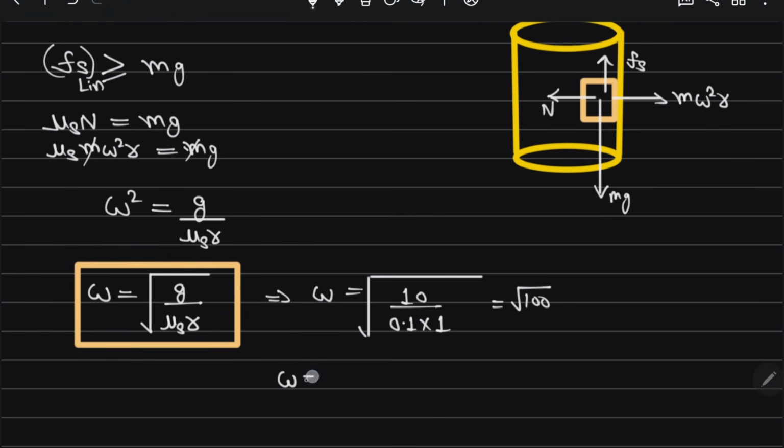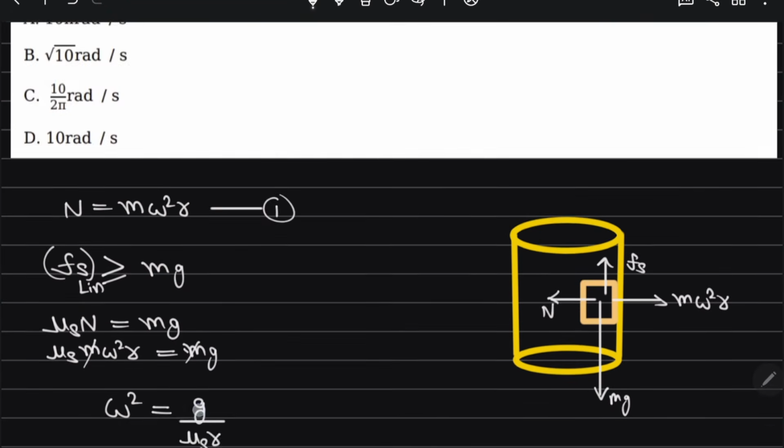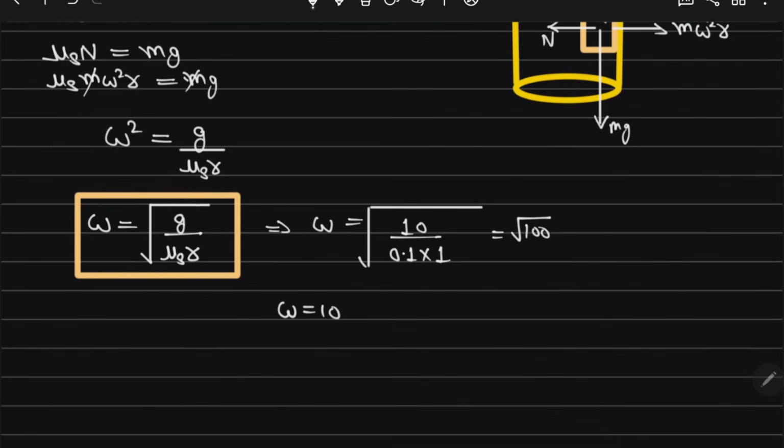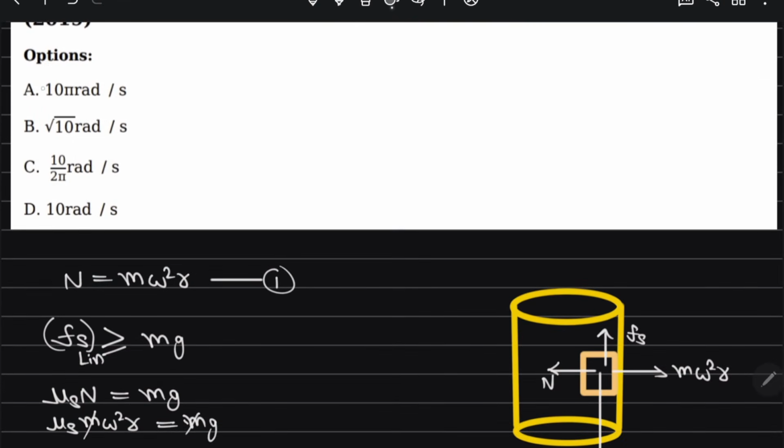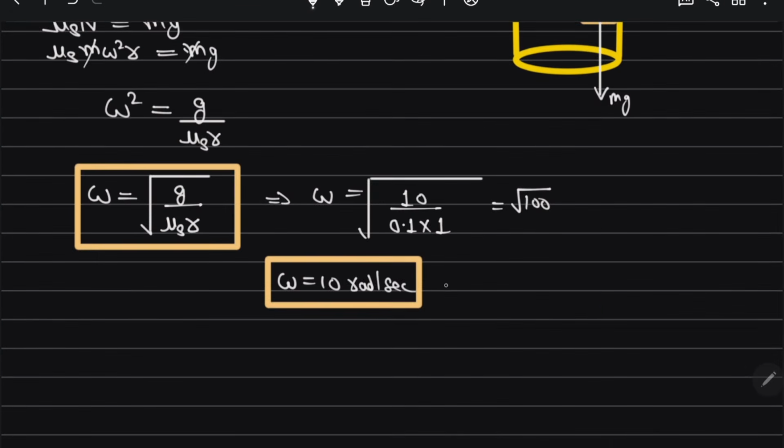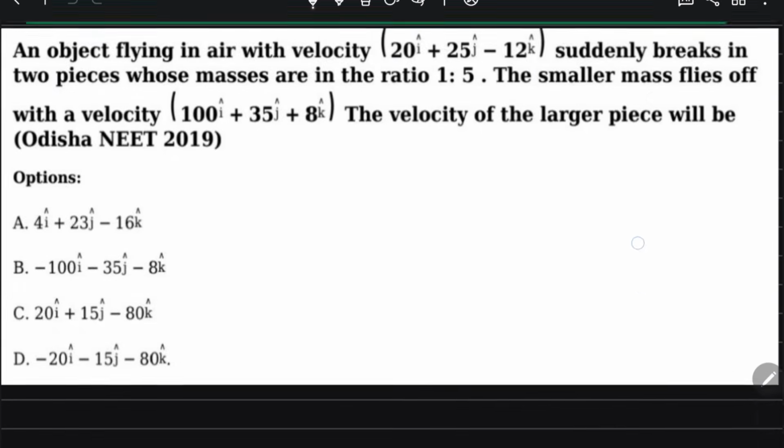So omega comes out to be 10 radian per second. So which option is going to match? Option A is correct. So I proceed for the next question.